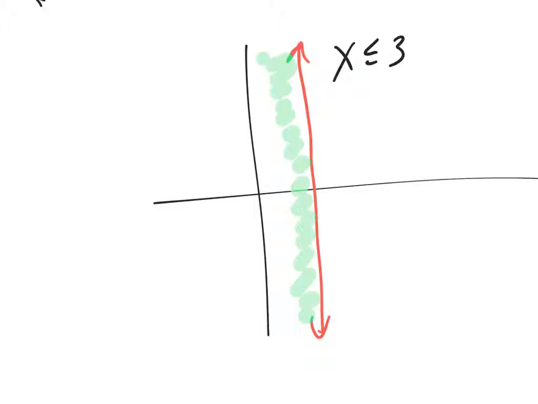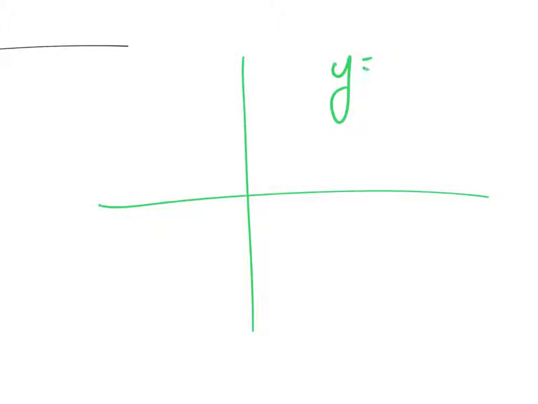All right, would you please try to graph this one? I'm going to make it y greater than or equal to 2x minus 4. First of all, this is reminding you how to graph basic lines, and then how to shade them.